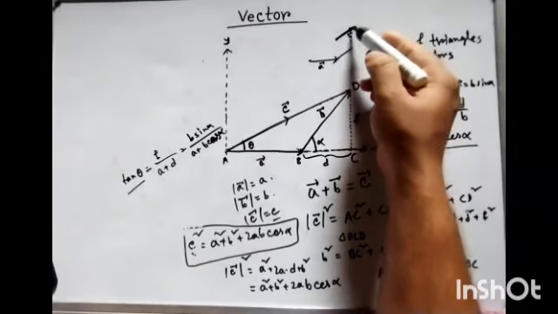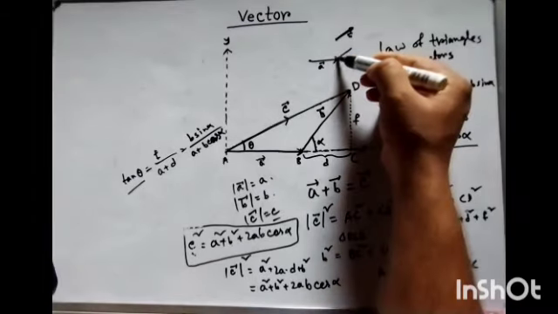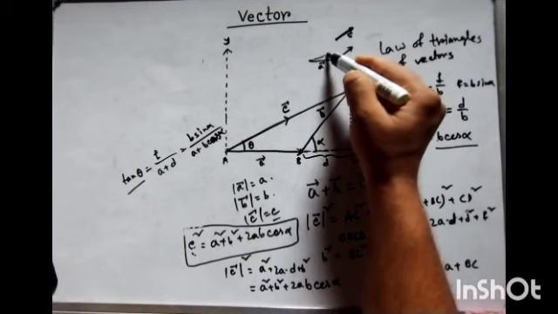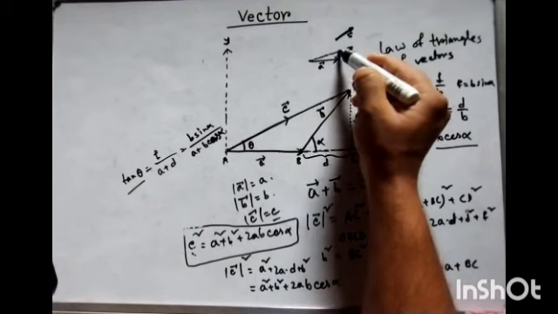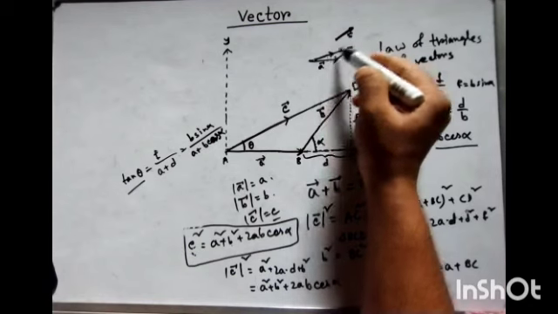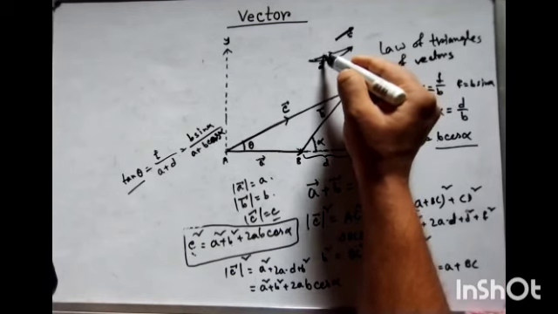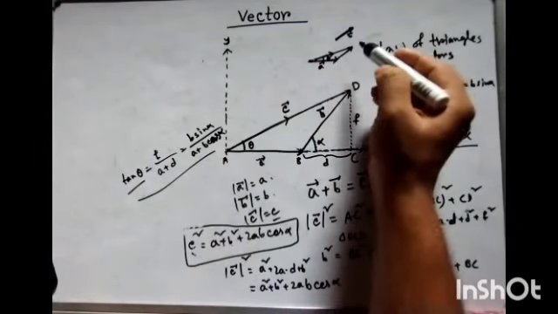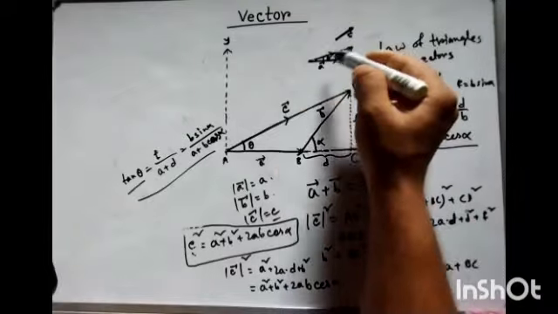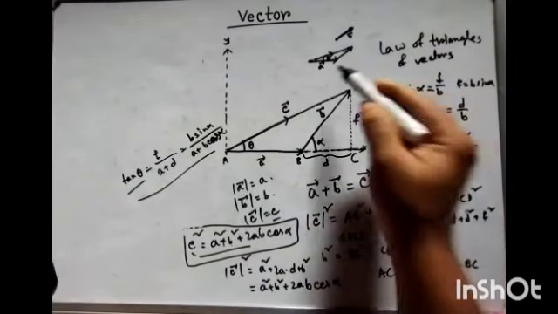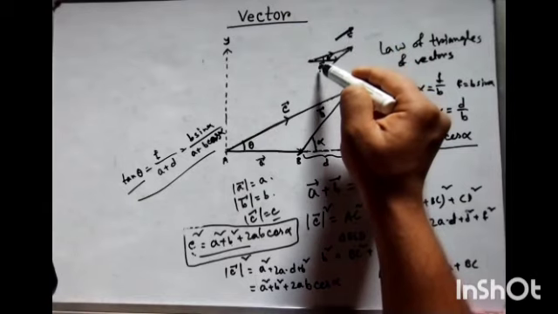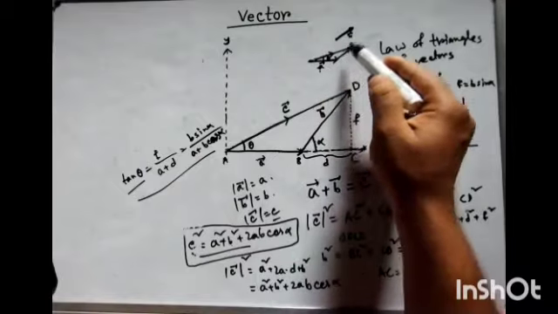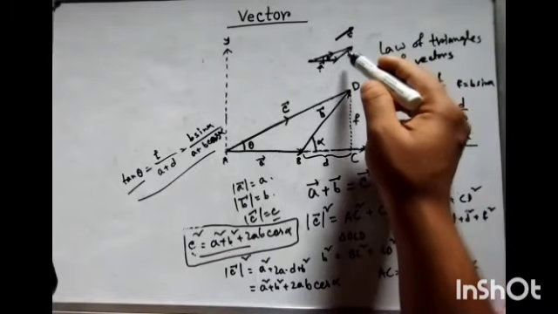So I will draw a parallel vector from the end point of the first one, then I will form a triangle from the initial point to the final point, and this will be my resultant vector. I can find this value of theta, what angle it will make with a vector, from this formula, and what will be the magnitude of this from this formula, because I know the magnitude of the two vectors you give to me.